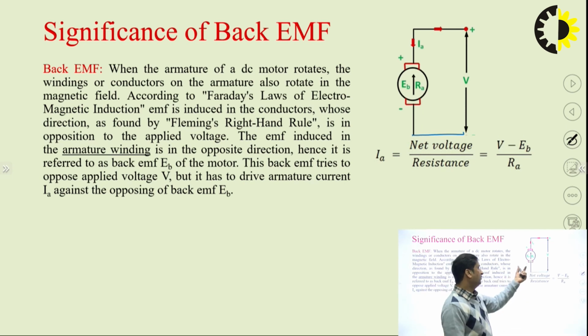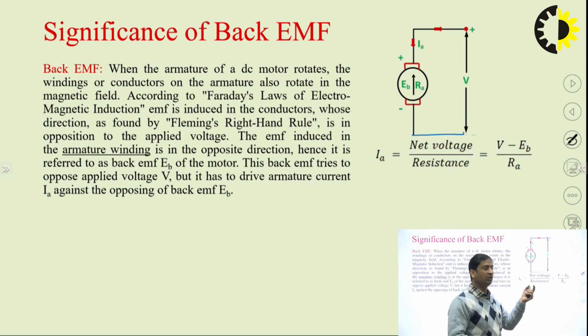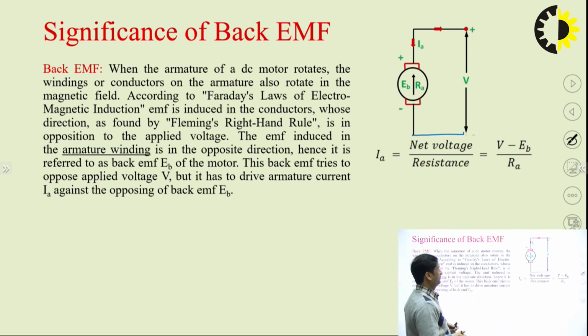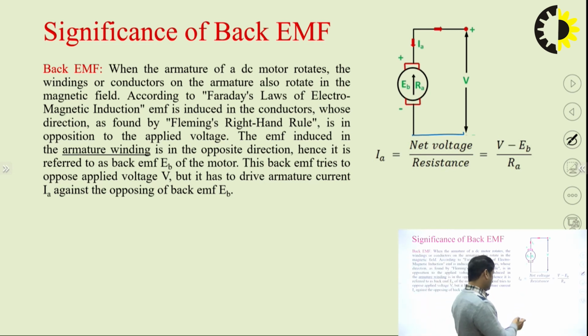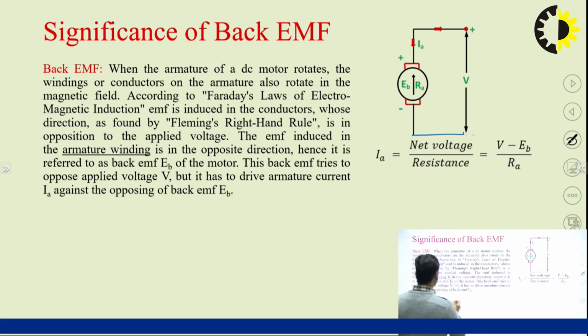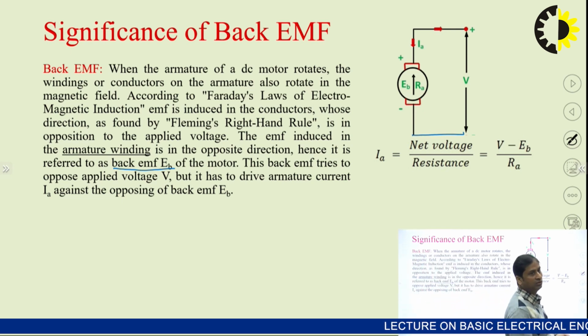There will be some voltage generated in the armature. Now this voltage which is developed in the armature, we call the back EMF. Now what is this back EMF? Let us understand the concept of back EMF.